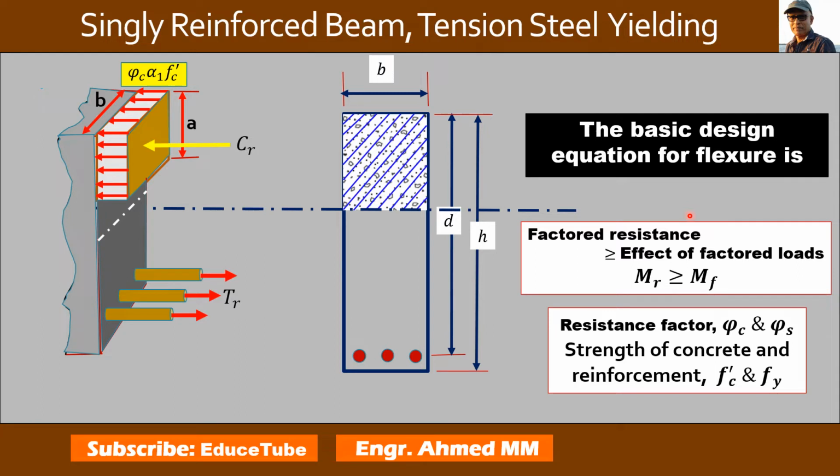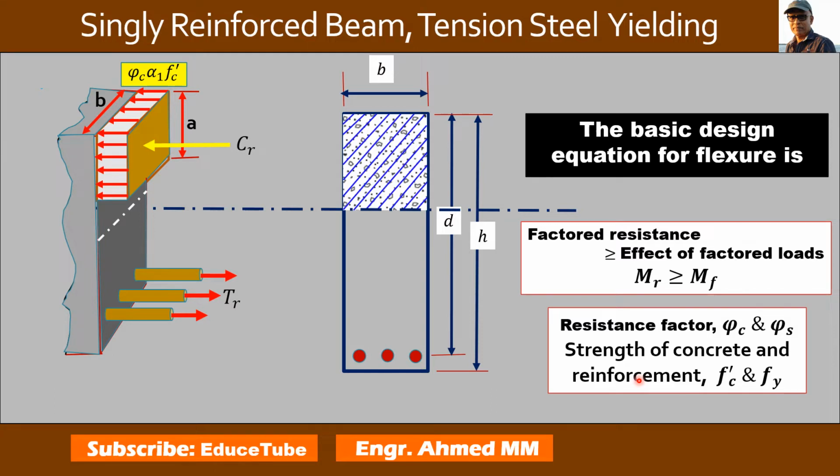So here the word resistance implies strength, and it is calculated using resistance factors phi c and phi s to reduce the specified strength of concrete and reinforcement. That's the reason we are using this.